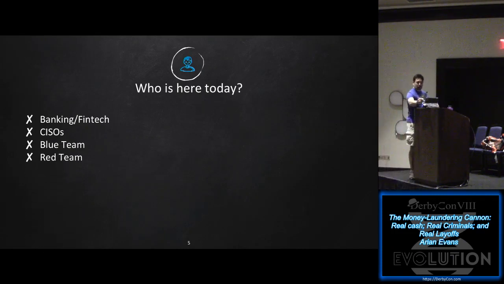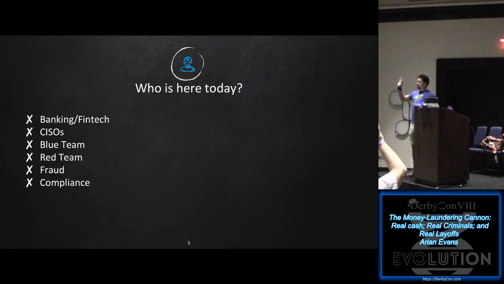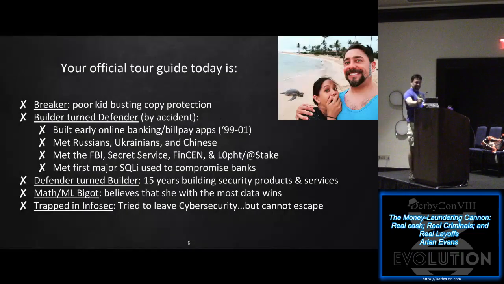Oh, awesome. Okay, how many red teamers do we have? Okay, even mix today. That's pretty cool. Do we have any anti-fraud people? One. Wow, okay. Well, yeah. I should have said competent ones. Any compliance people? Wow, okay, and you came to Derbycon. That's cool. Finally, are any of you here by accident? This is your last chance to leave. I won't take it personally.